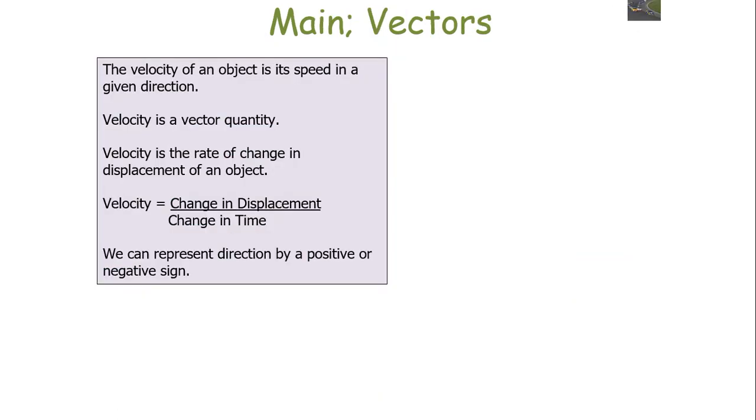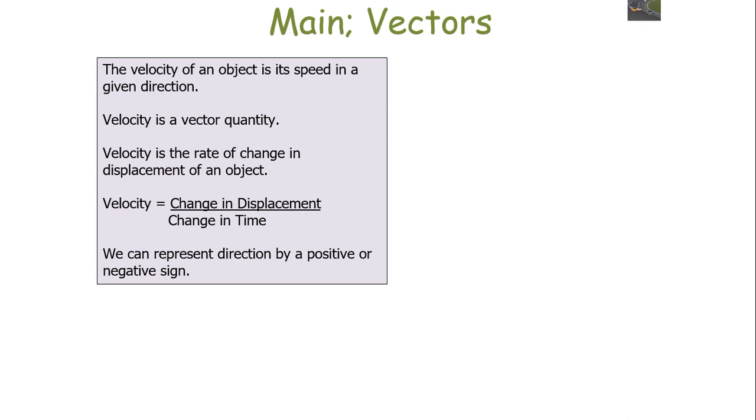So let's just see the difference between two particular ideas. So a velocity of an object is the speed of an object in a given direction, and velocity is a vector quantity. It's the rate of change of displacement, because displacement is a vector, allowing velocity to be a vector. So velocity is the change in displacement divided by the change in time.